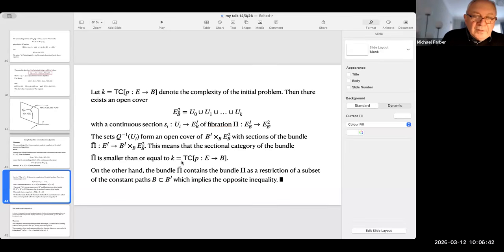But on the other hand, this bundle contains the bundle pi as a restriction on a subset of the constant paths, which implies the opposite inequality. So they are equal. So this is kind of case 2.5, a case between case 2 and 3.